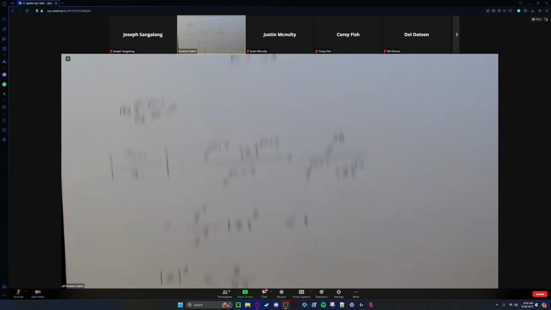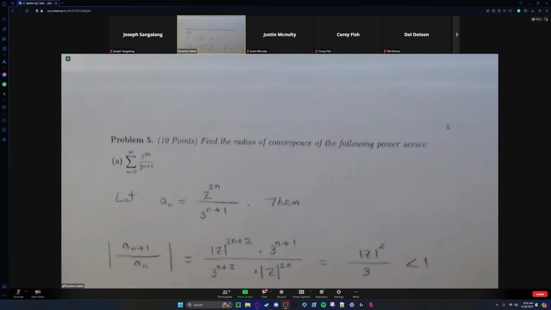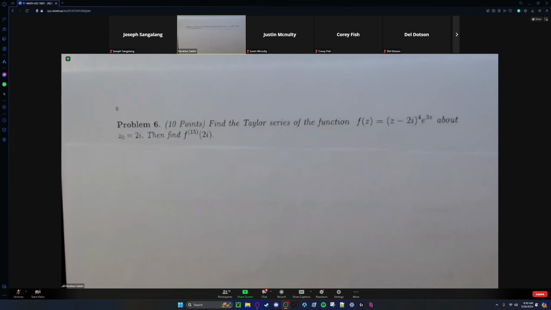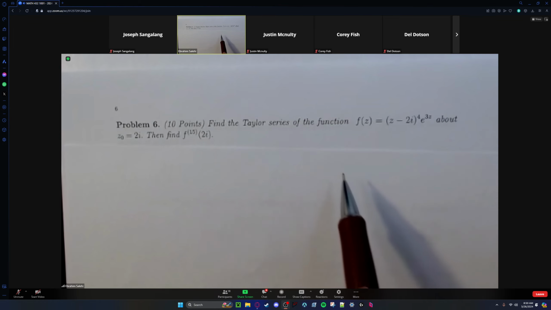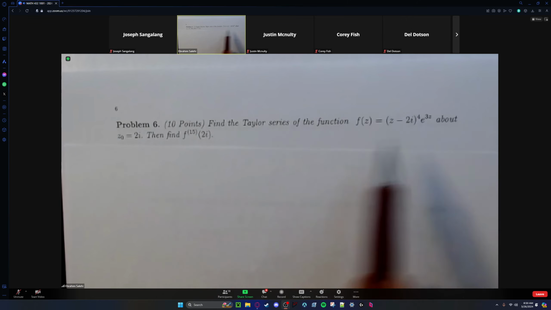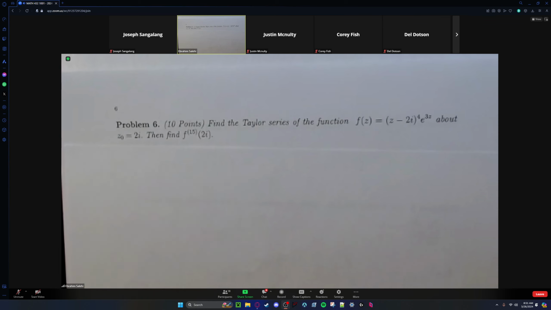Now comes number 6. It's about Taylor series. Specifically, it says write the Taylor series about 2i, which means the center z naught has to be 2i.